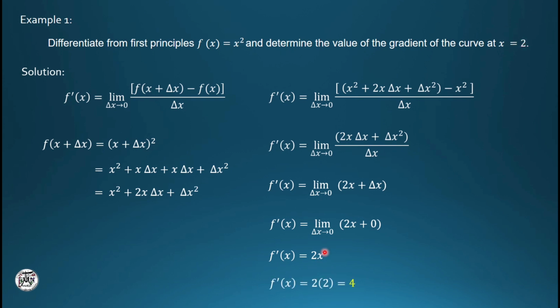That is 2 times 2, which is equivalent to 4. Therefore the answer is that the first derivative of f of x is equivalent to 4, or the gradient of the curve is equivalent to 4. That is the final answer.